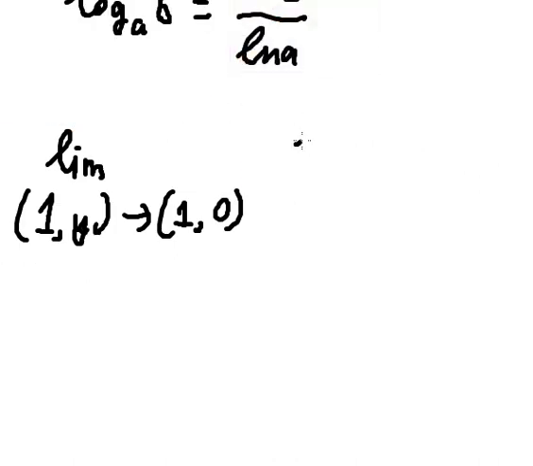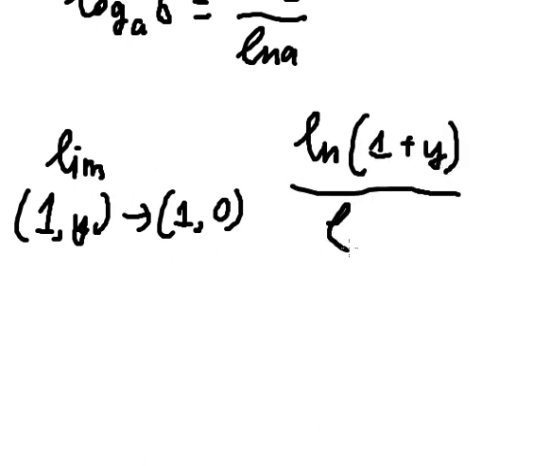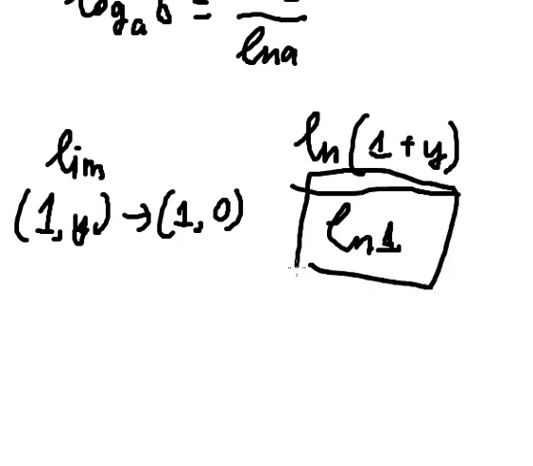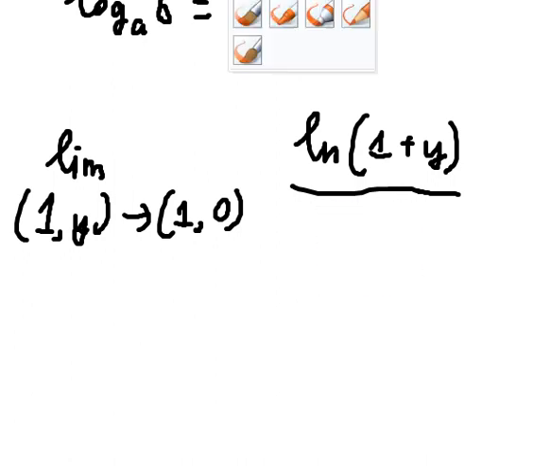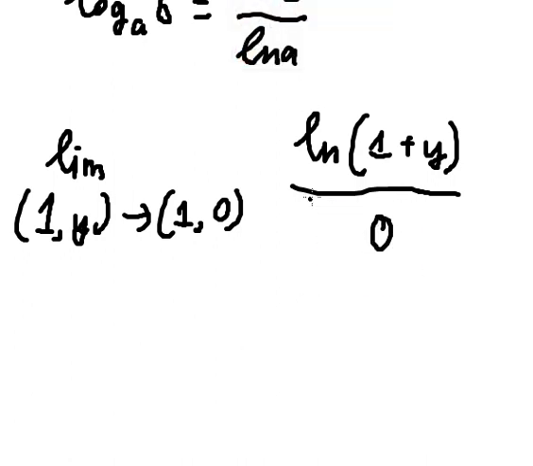And that is about f(y) of 1 plus y over f(y) of number 1. So we know that f(y) of number 1, that is about number 0. So in this situation, you will get infinity.